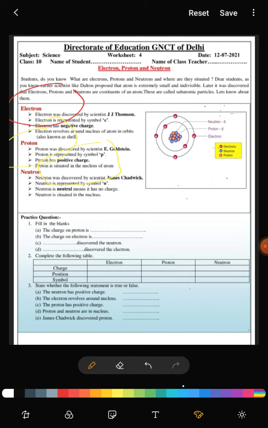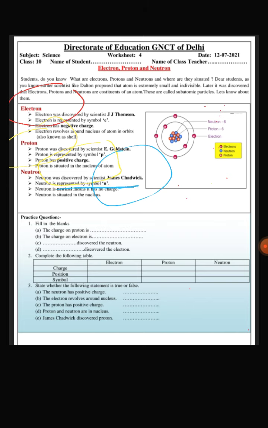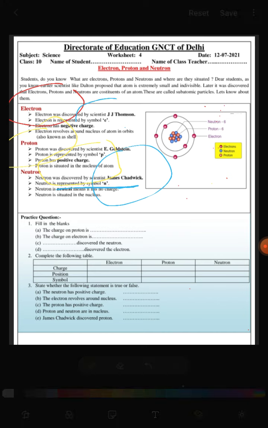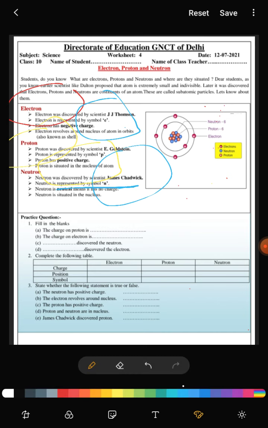The neutron was discovered by James Chadwick. Here you can find that the symbol of the neutron is N. Actually, the neutron does not contain any type of charge, so the net charge of an atom is determined by the negative charge, which is due to the presence of electrons, and the positive charge, which is due to the protons. Both types of charges neutralize each other, and the total charge of an atom will be 0.